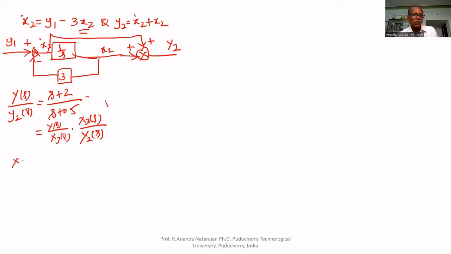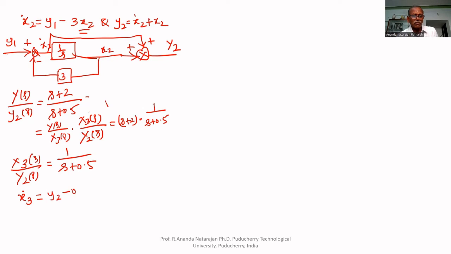Consider x3 of s upon y2 of s equal to 1 by s plus 0.5. If you cross multiply, I'm writing directly, x3 dot equal to y2 minus 0.5 x3. We got one equation.